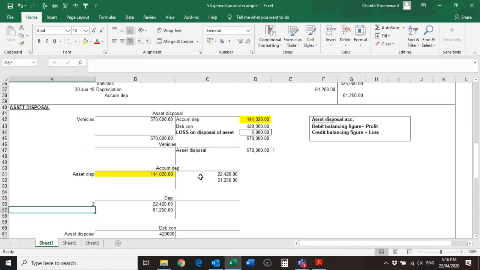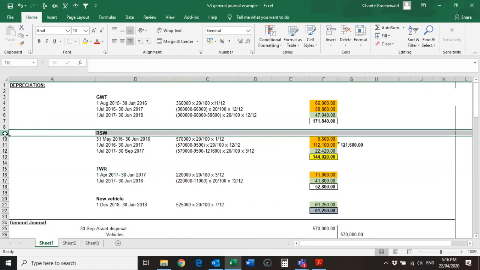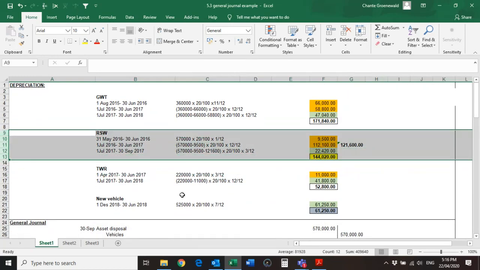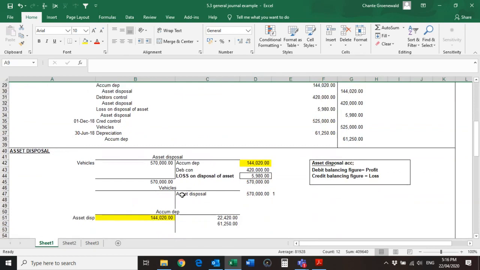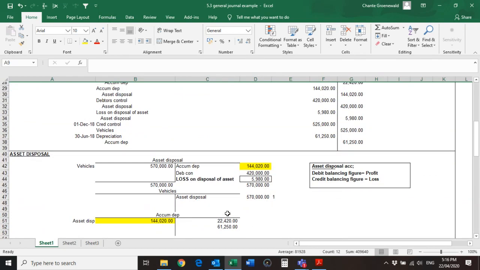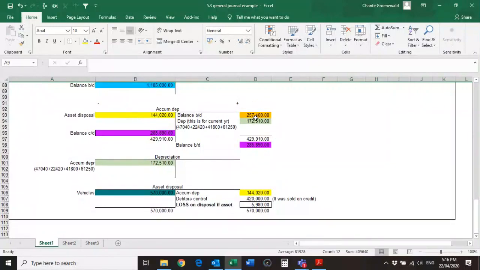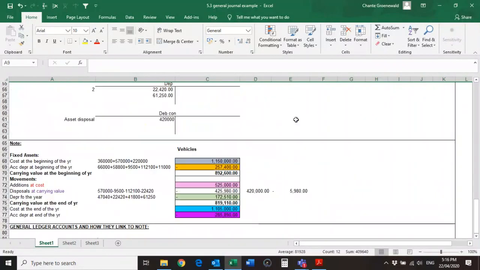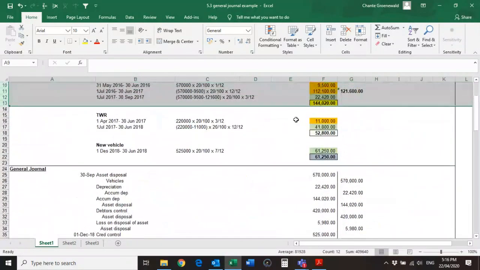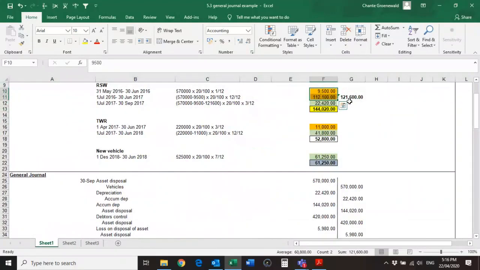So if we go to my accumulated depreciation amount, there, my balance. Can you see, look, it's orange. Can you see that I've only accounted for these two? So I've only accounted for 1 to 1,600, right? So what do I still need to do?